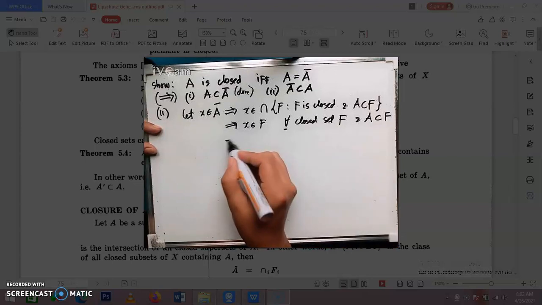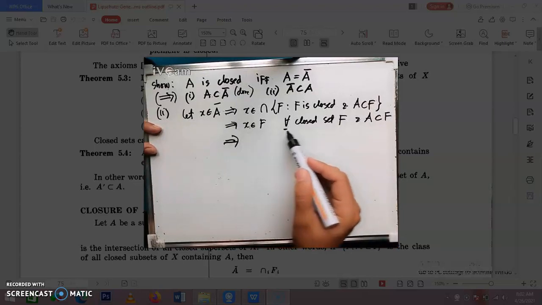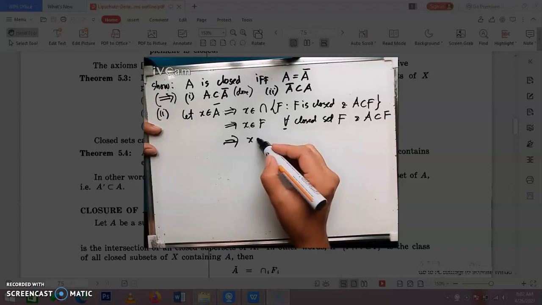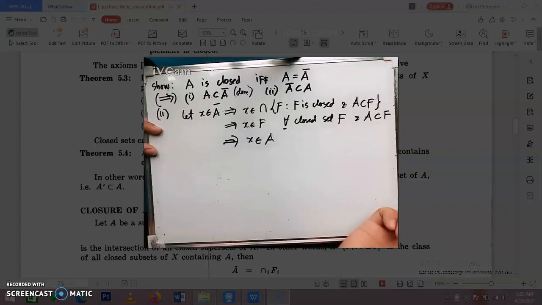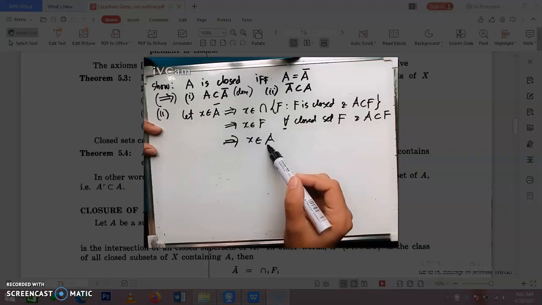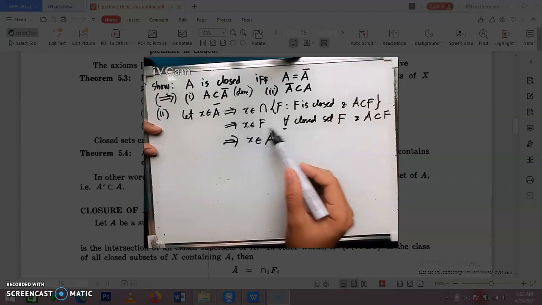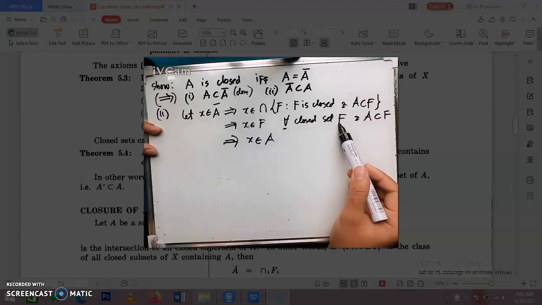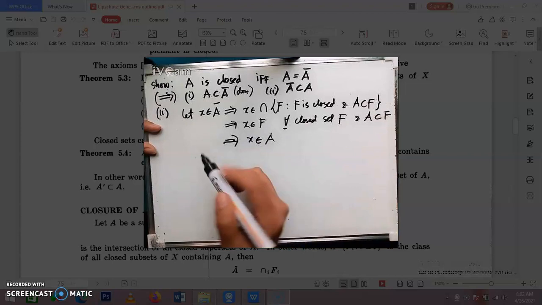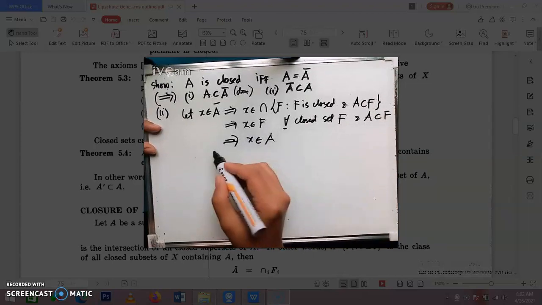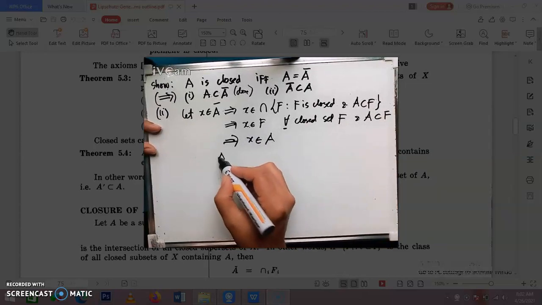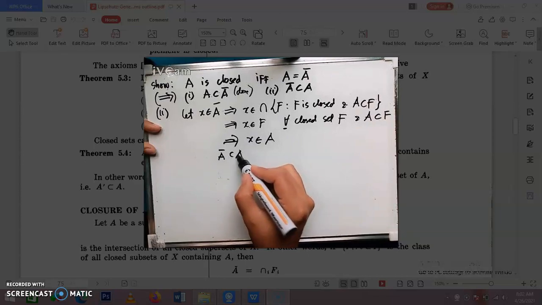Now, in that case, we can say that X is in A, again because A is closed and A contains itself. So here, for all closed set F, A is one of the closed set F. Yes, we have shown here that A closure is a subset of A.